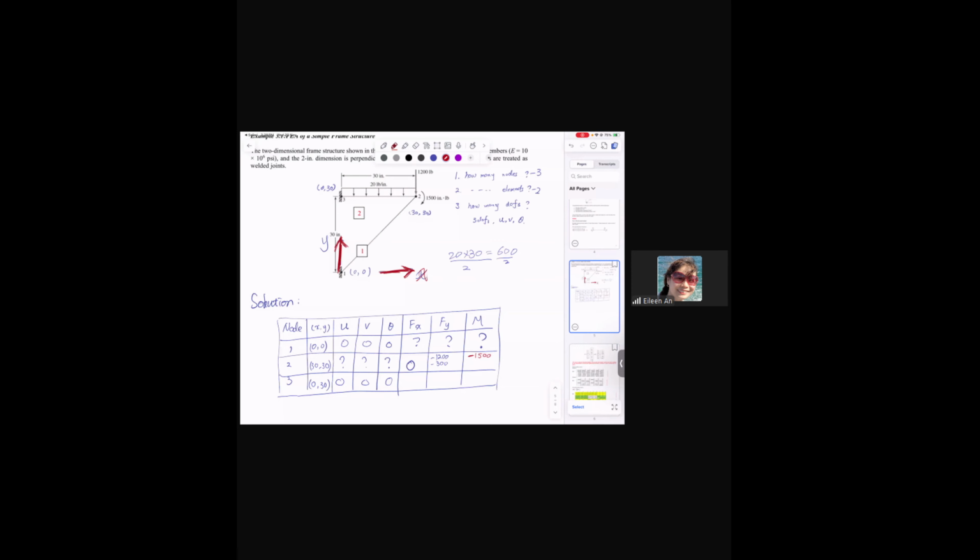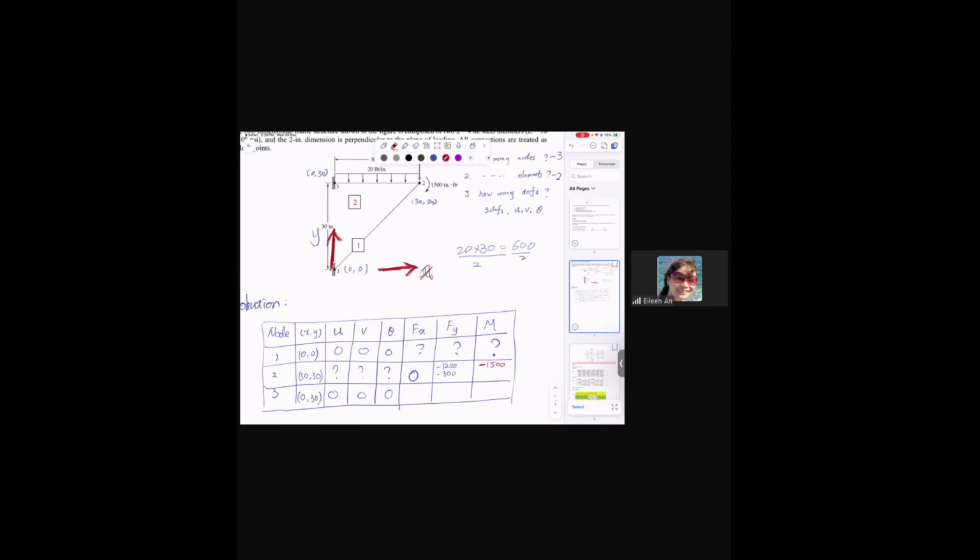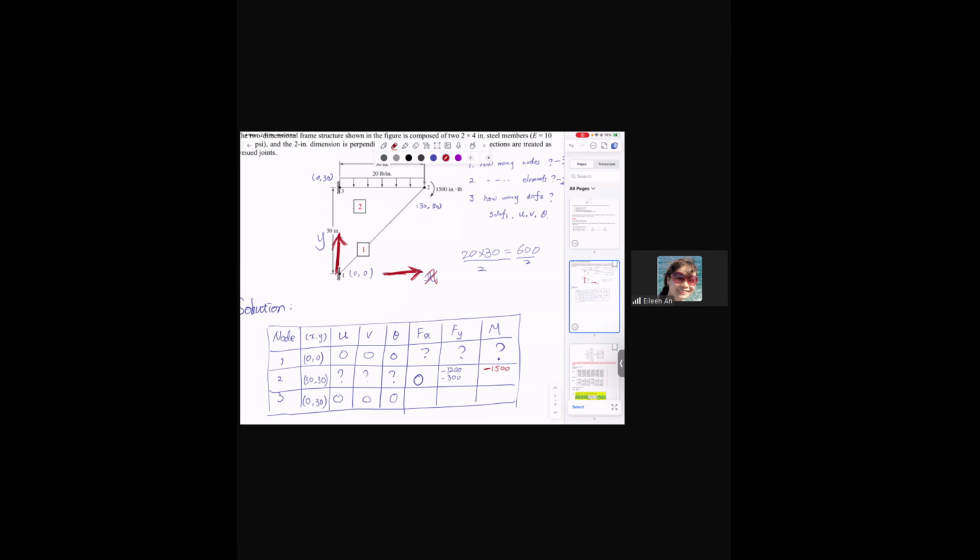Okay, now let's have a look. All the 3 loads we mentioned here. This negative 1200 force is the force directly applied to node 2.